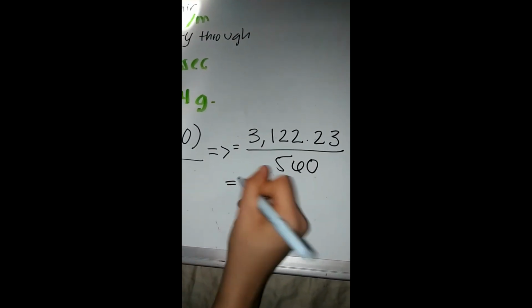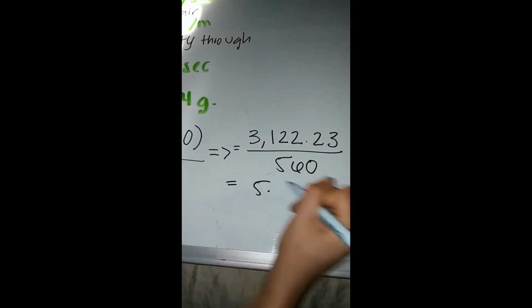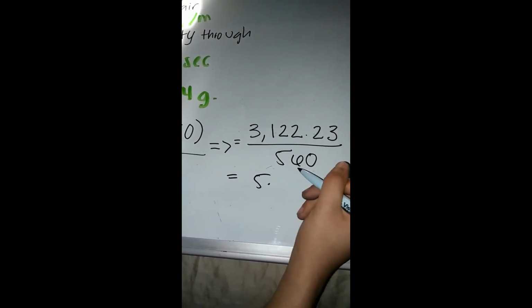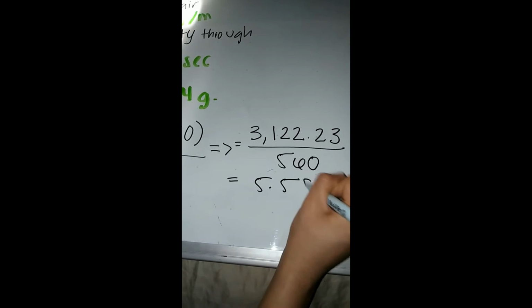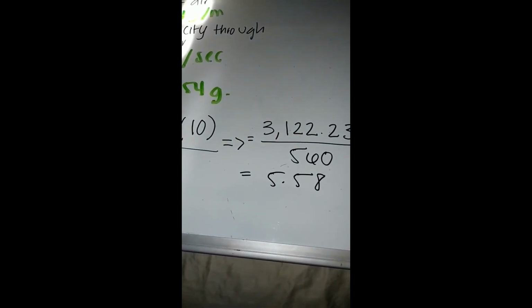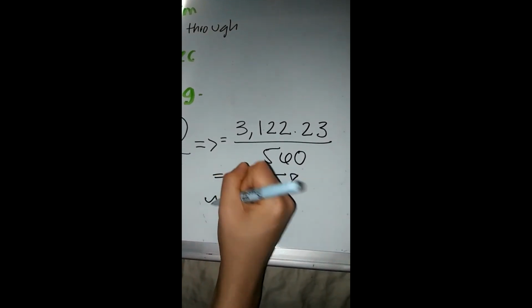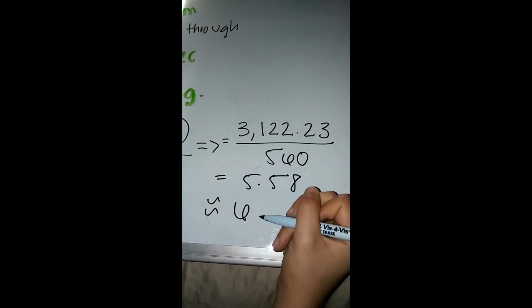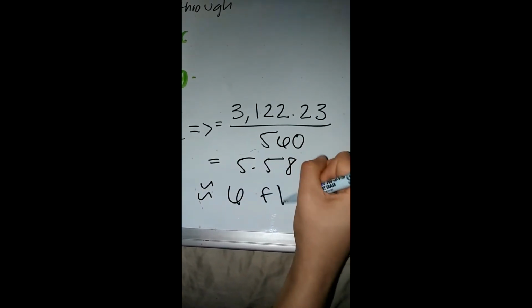And simplified further, it will be 5.58, which is about 6 feet.